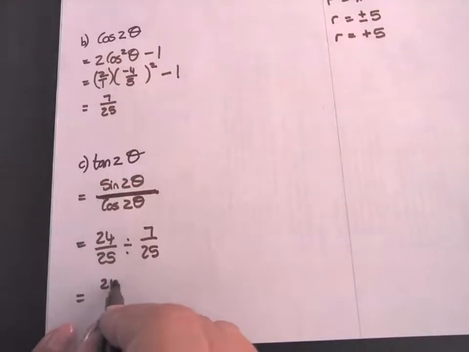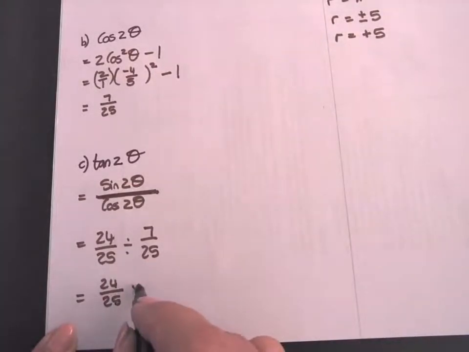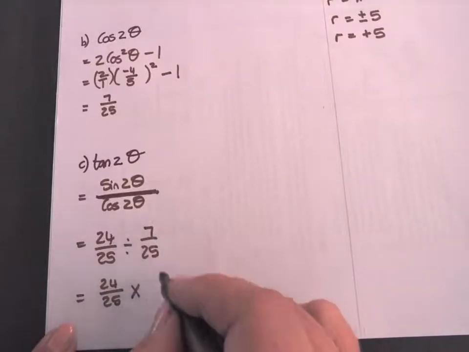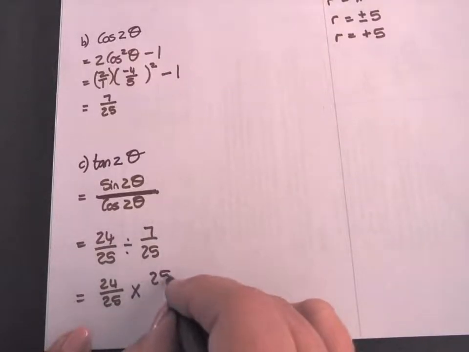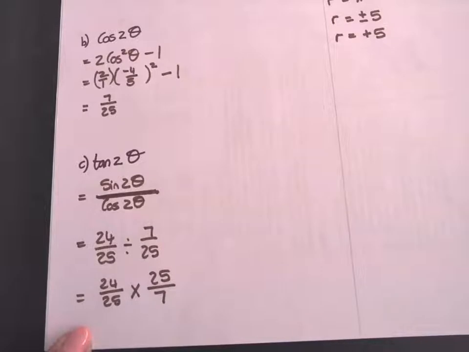This becomes 24 over 25. The divide becomes a multiply, and we swap that term: 25 over 7.